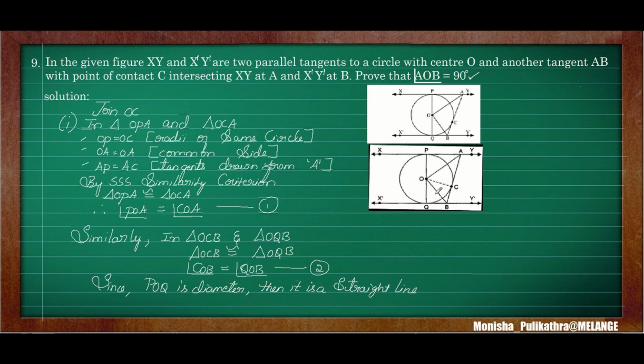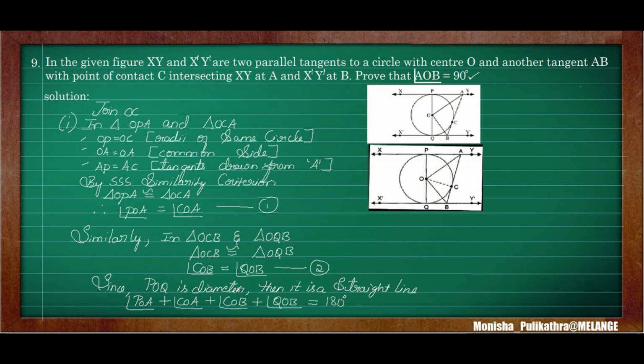So if we add up all the angles, then it should come equal to 180 degrees. So here POA plus COA plus COB plus QOB, the sum of all these angles is equal to 180 degrees.